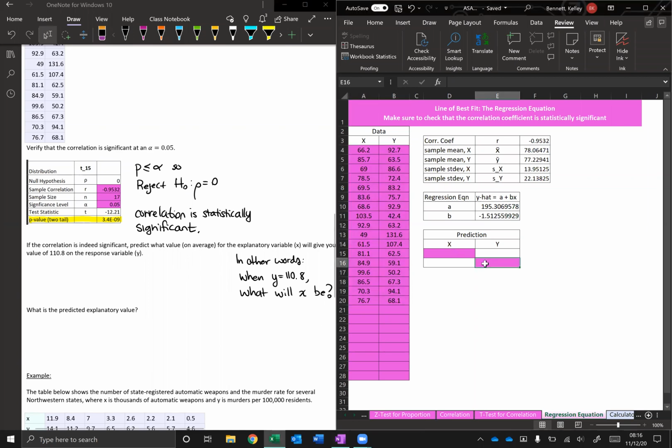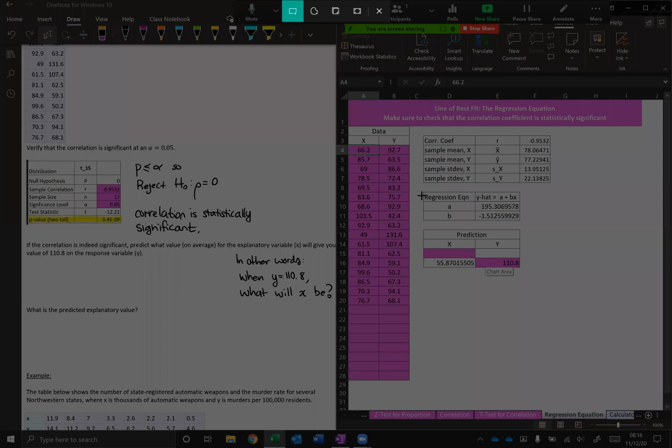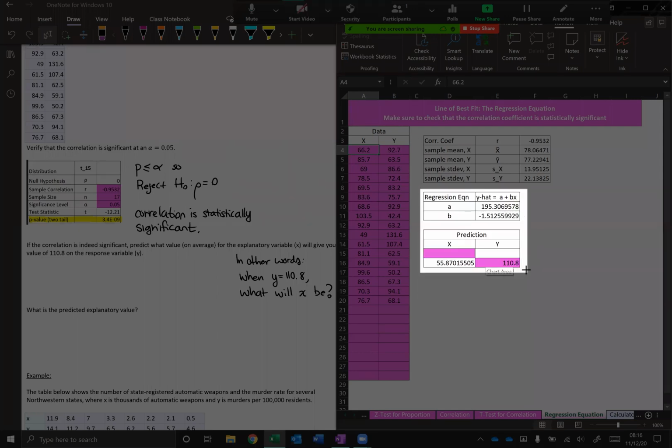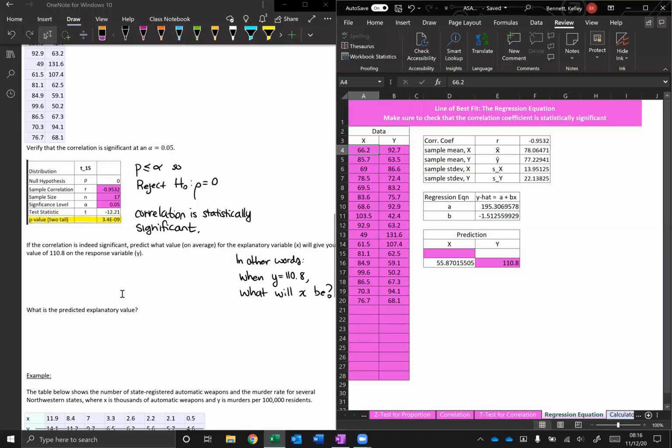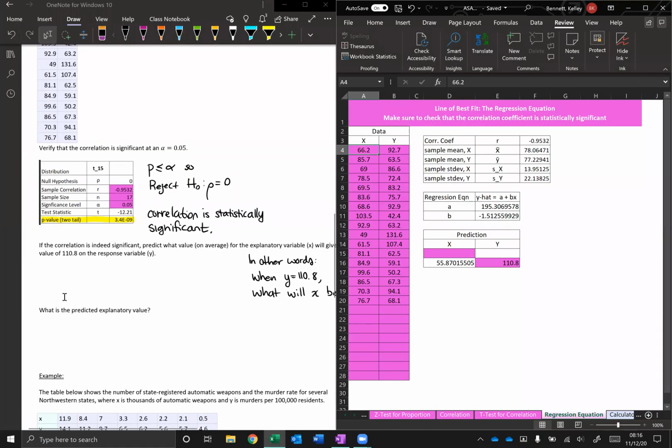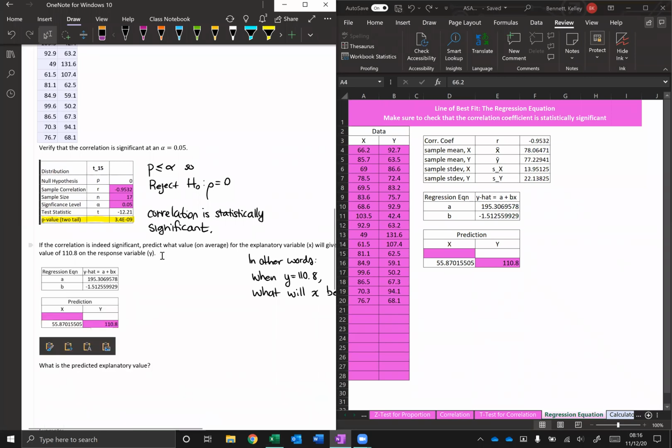We're given a y value of 110.8, and when I put in a y value, it's going to spit out an x value. So here we see that the answer to this question is x should be 55.87, etc. So your answer is just right here.